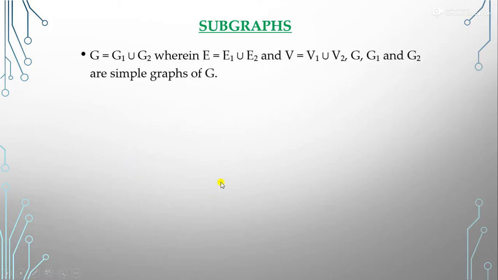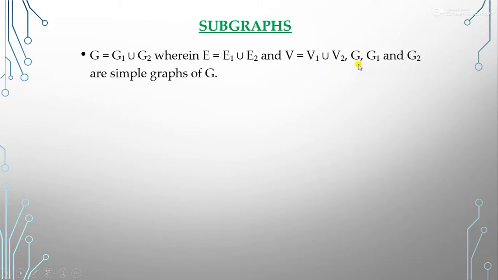Now, you can say that the graph G is the union of G1 and G2, where G1 and G2 are subgraphs. So the complete graph G is the union of the graphs G1 and G2, where the edge set E is the union of E1 and E2 and V is the union of V1 and V2.